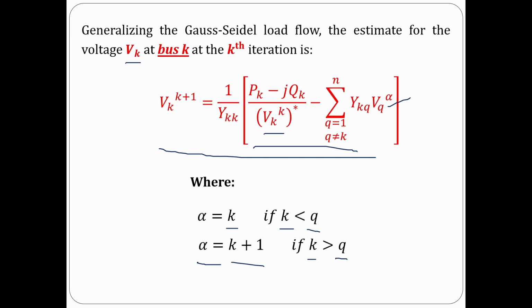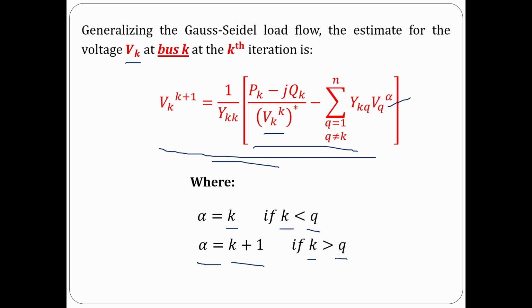For now, it might be difficult to understand this equation, but don't worry, because in part 3 of my next video lecture, we will apply that equation in a sample power flow calculation using the Gauss-Seidel method.